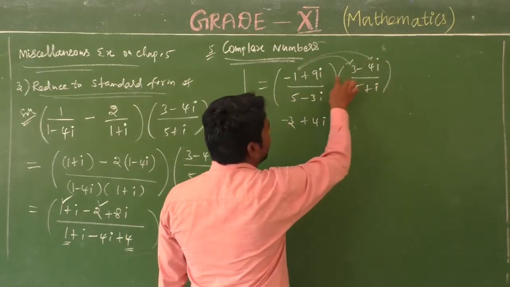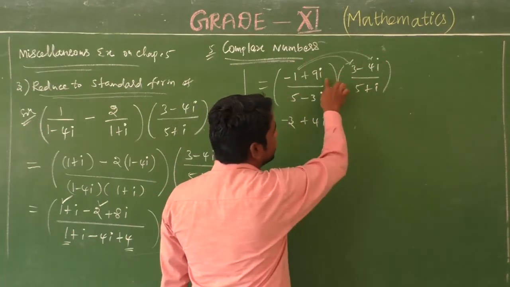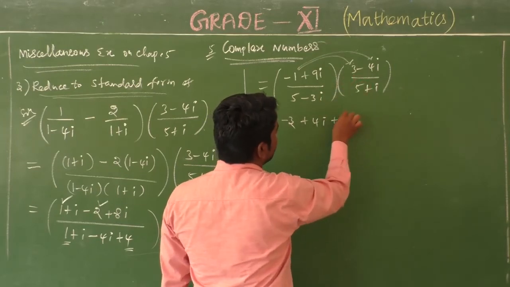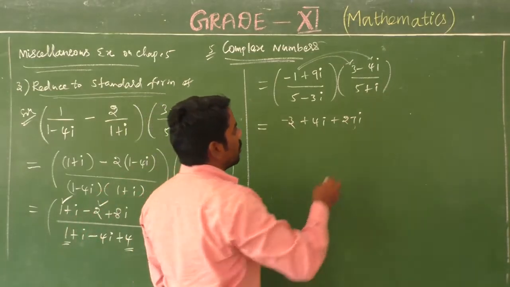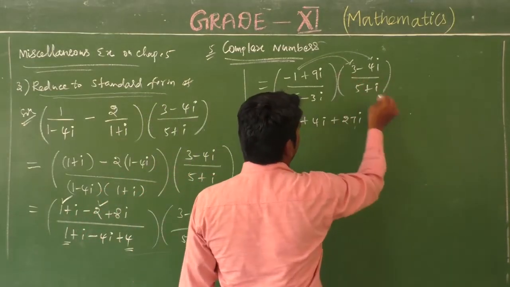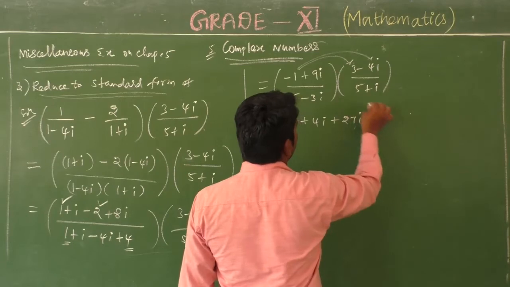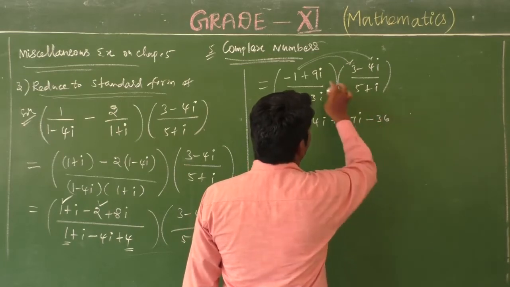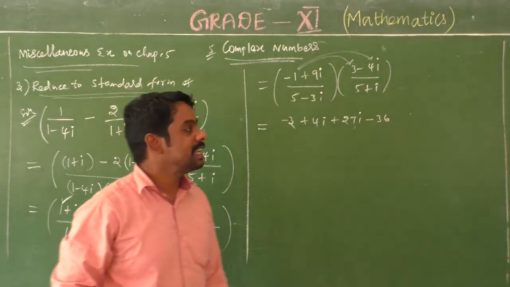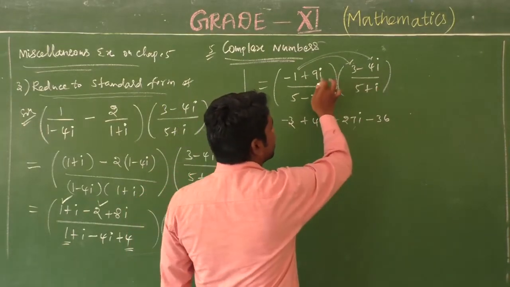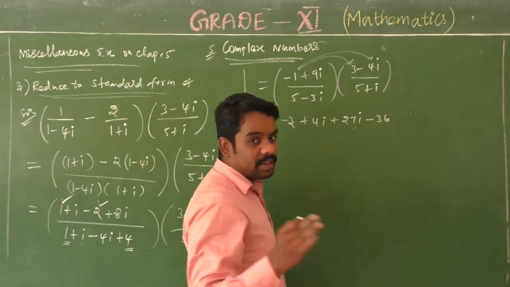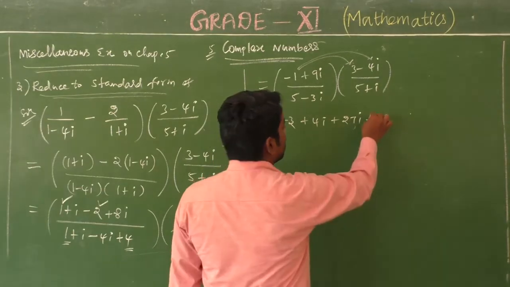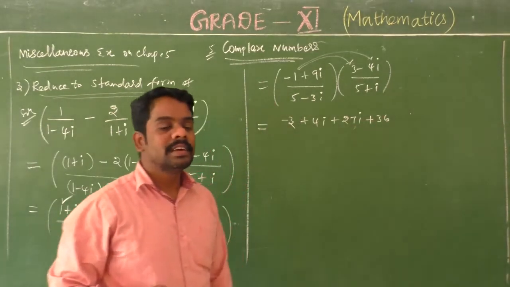And 9i into 3 is 27i. 9i into minus 4i is minus 36i square. Plus i into minus i is minus i square, and i square value is minus 1, so that is plus 1.